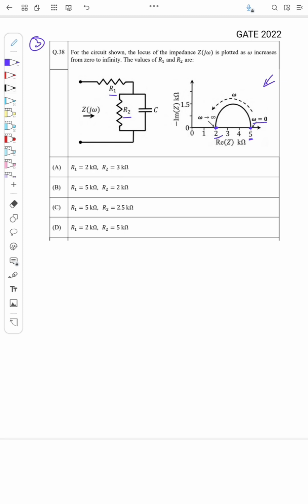Okay, so what we will do is, first we will find what is Z of j omega from this circuit. So here R1 is in series with this parallel circuit where R2 and C is in parallel, right? So impedance of C is 1 by j omega C. Okay, so what is the Z of j omega?